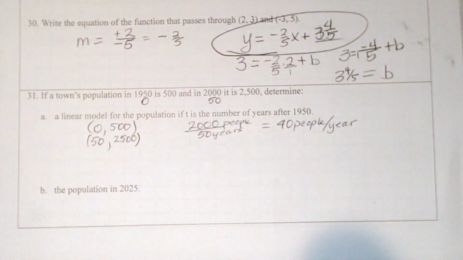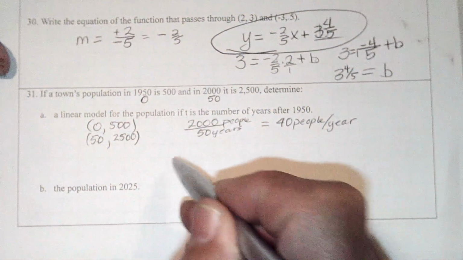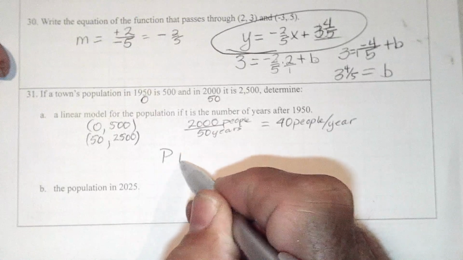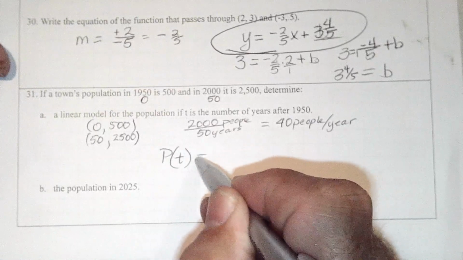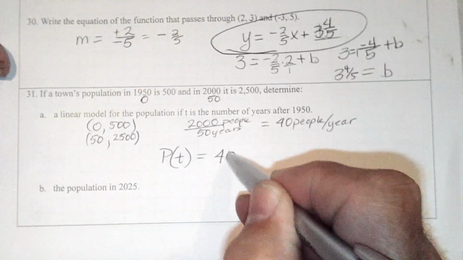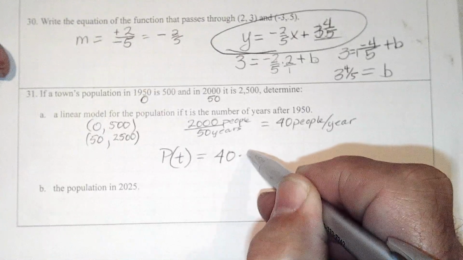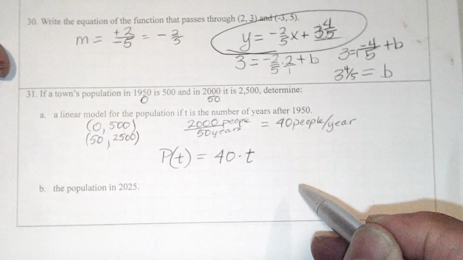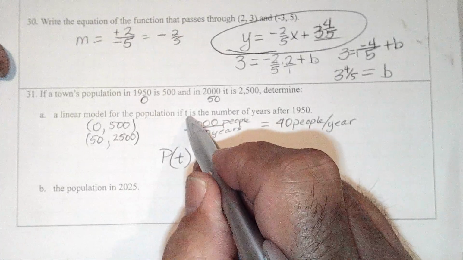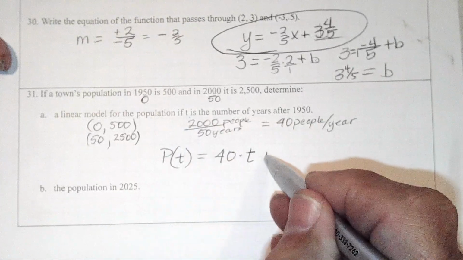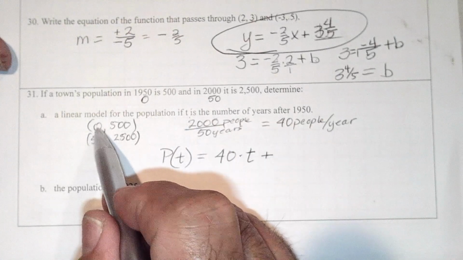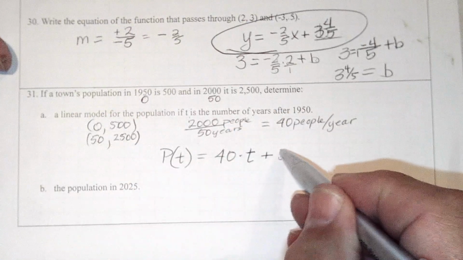Okay. So my equation is the population after some time would be 40 people per year times the number of years, let's call that t, plus the y-intercept, and that was 500.